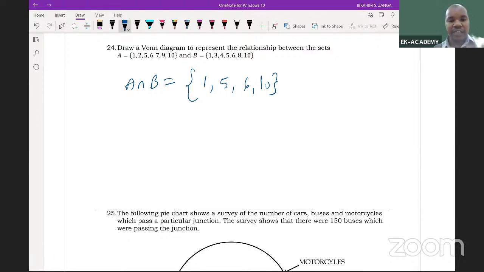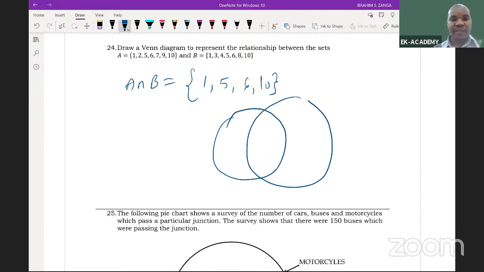So I have two sets here, friends. These are my two sets, and you're going to have a universal set here.